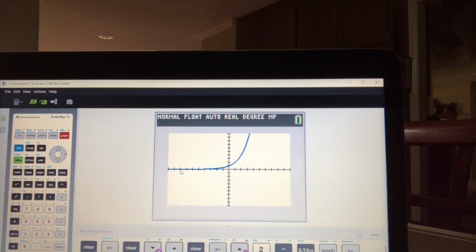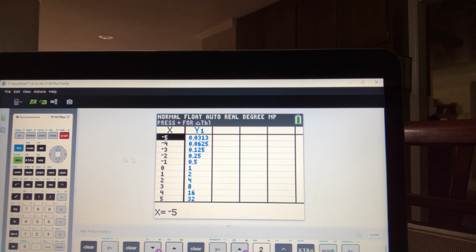The other thing is it looks like the graph is touching the x-axis right here, but it's actually not. There is an asymptote on the x-axis. So go to the table so that you can see this a little better. If you look on the table, you'll see points like (0, 1), (1, 2), (2, 4), (3, 8). You can plot all of those on your graph, and I would like you to. But look at the numbers on the negative side, like -1 is 0.5, -2 is 0.25.